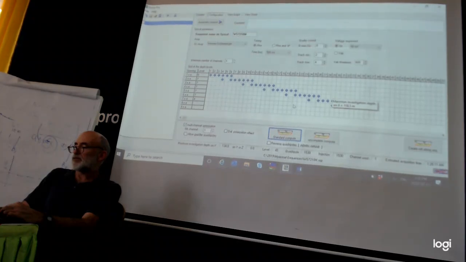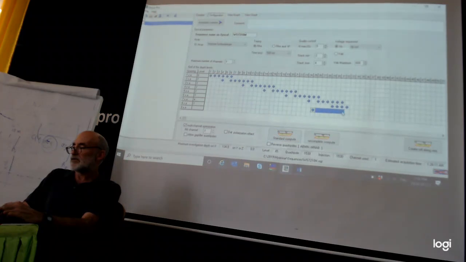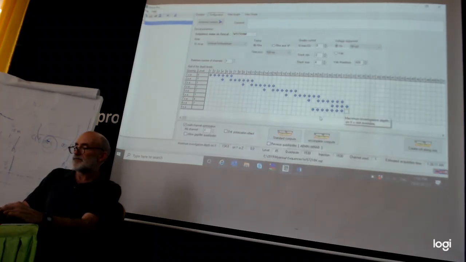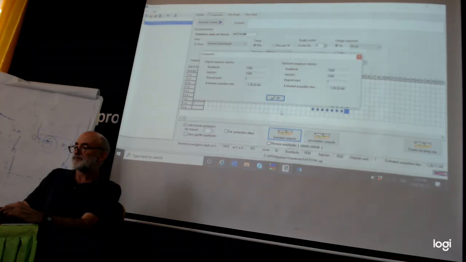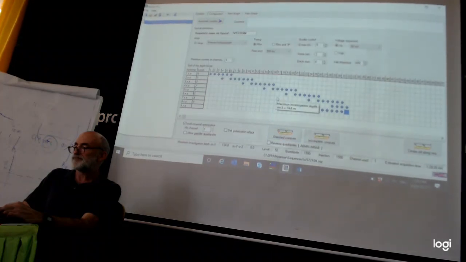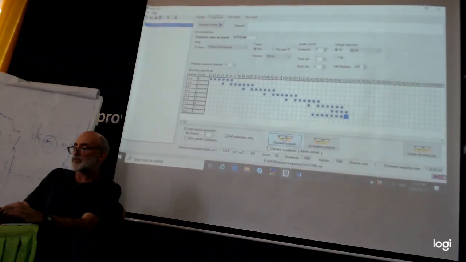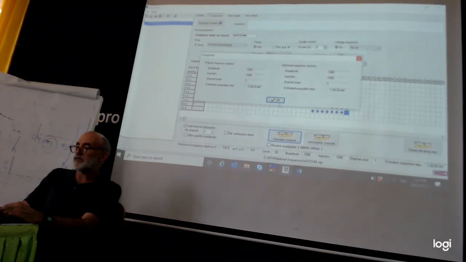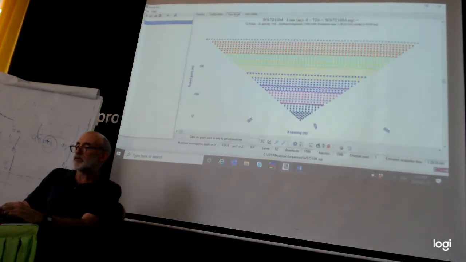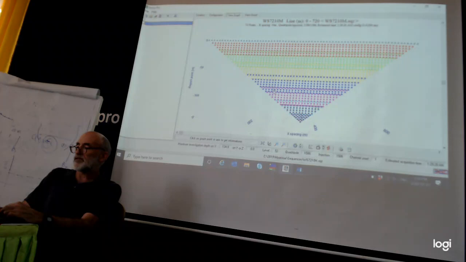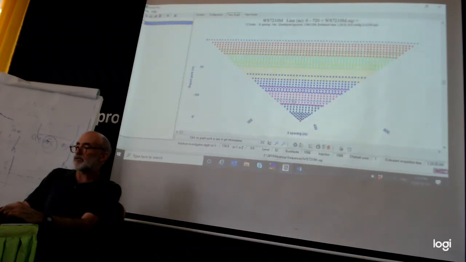Let's just see what happens if we fill in some more down here. So that's, see the blues in there, the light blue color?